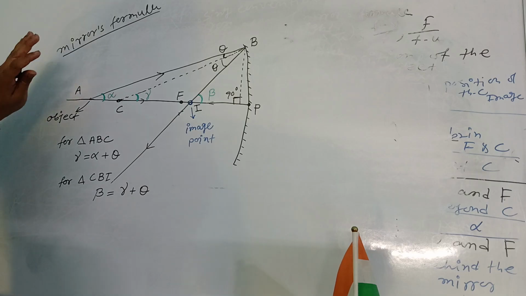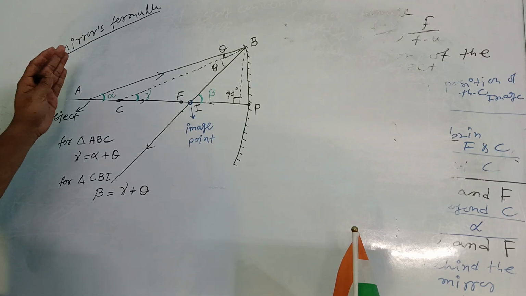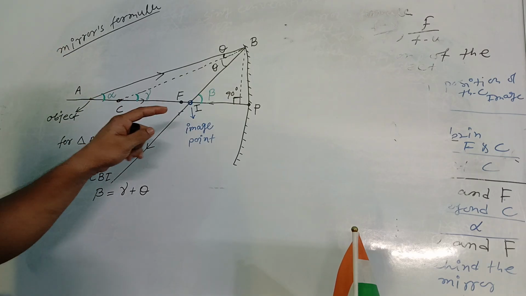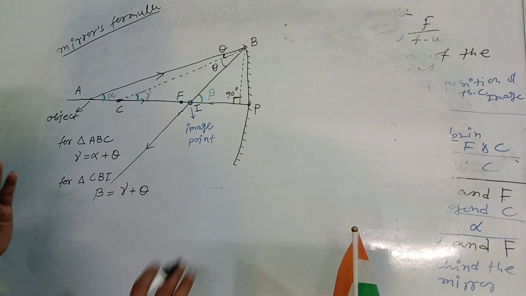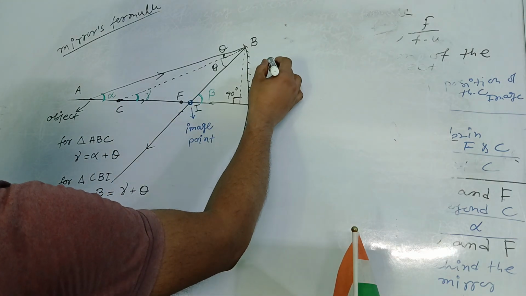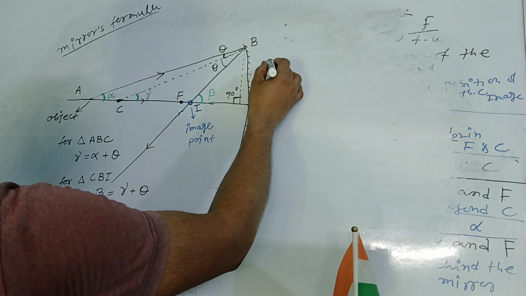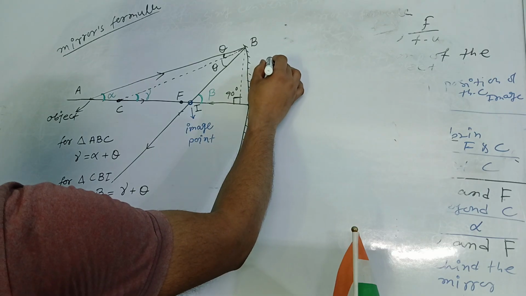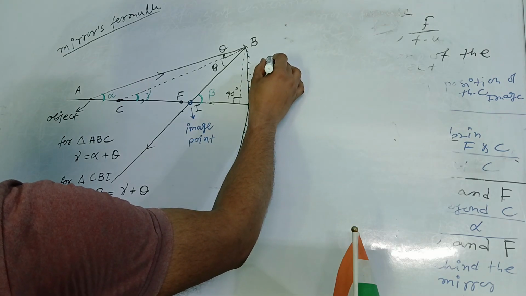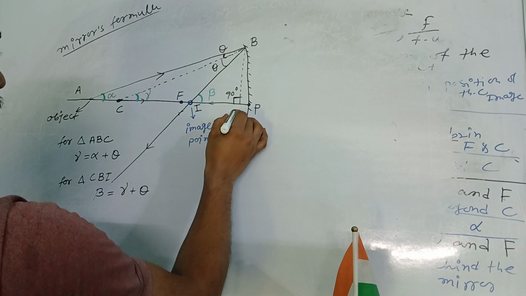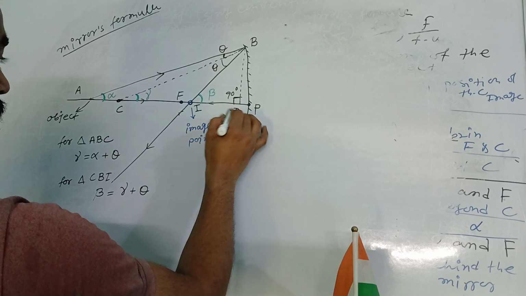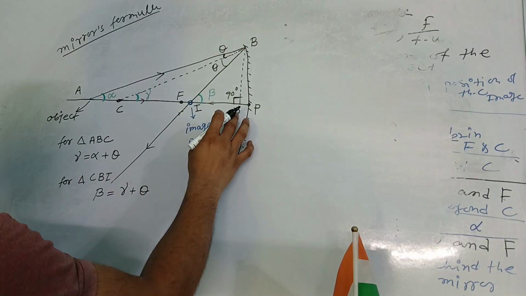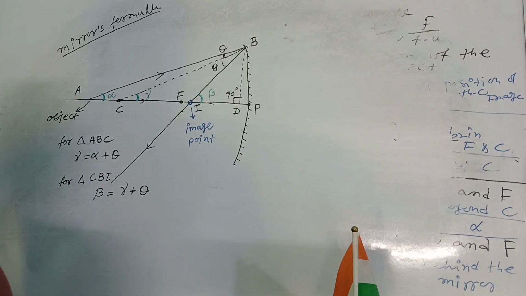One by one, we have one big triangle, then a second one and a third one, three right angle triangles. So let me put this point as D. This is the D point.